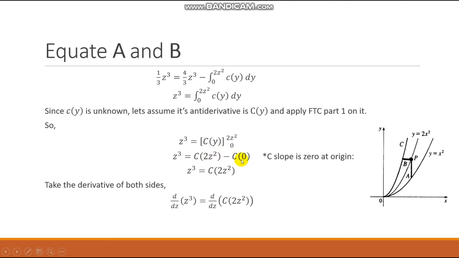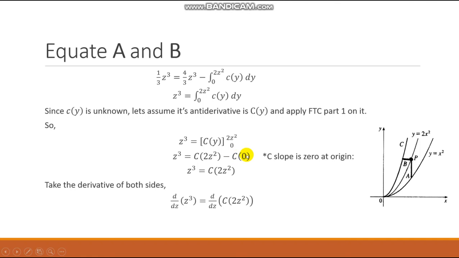You plug in the upper bound and then you subtract the lower bound. So first thing we're going to do is have the antiderivative of the line, which is capital C, and we're going to plug in 2z squared, minus the antiderivative of c, and we're going to plug in the second bound, which is 0.